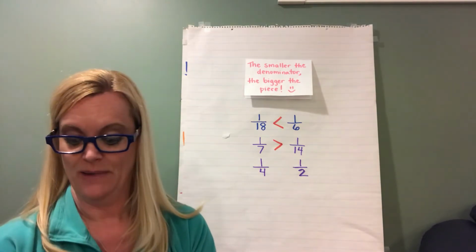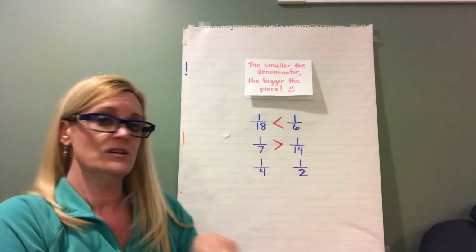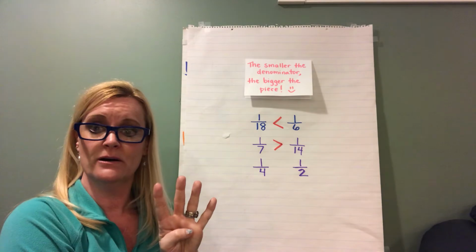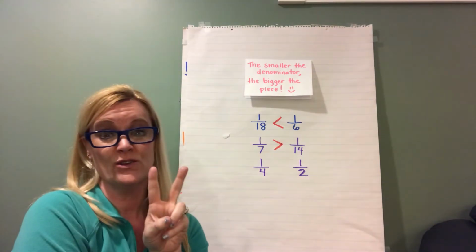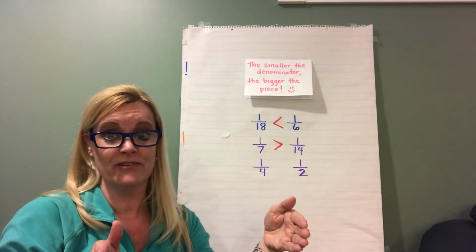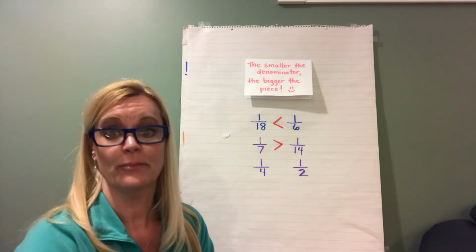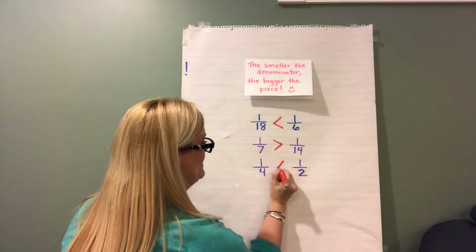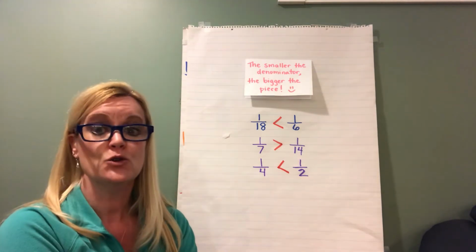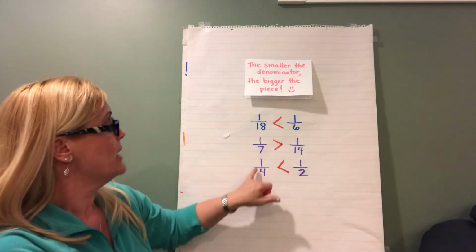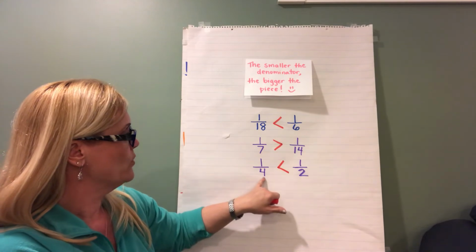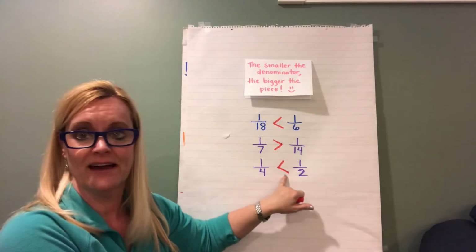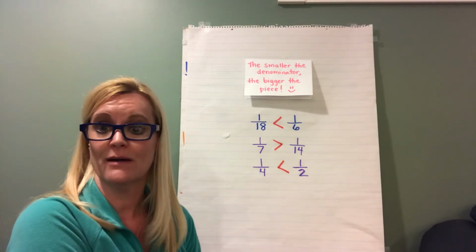So I'm going to think about a candy bar. If you shared that candy bar with 4 people, or if you shared it with only 2 people, if you split it in half, how are you going to get a bigger piece? You're going to get a bigger piece if you divide that whole into just 2 pieces. So the half is bigger. But you would read it as 1/4 is less than 1/2. That's how you'd read that properly.